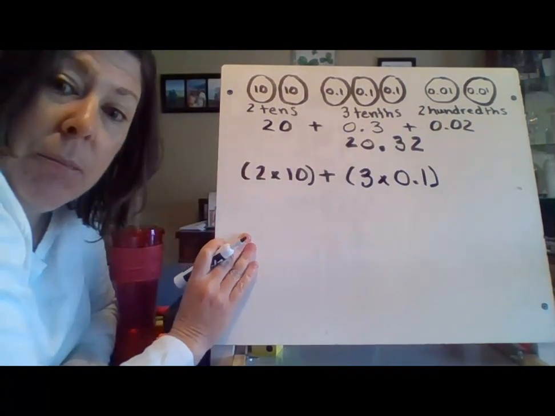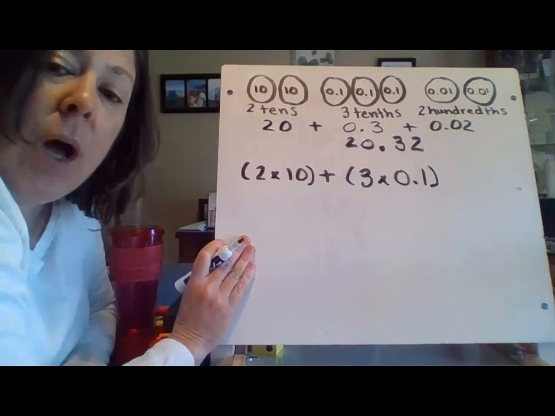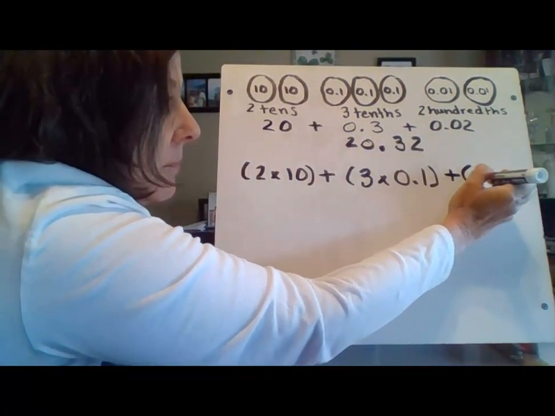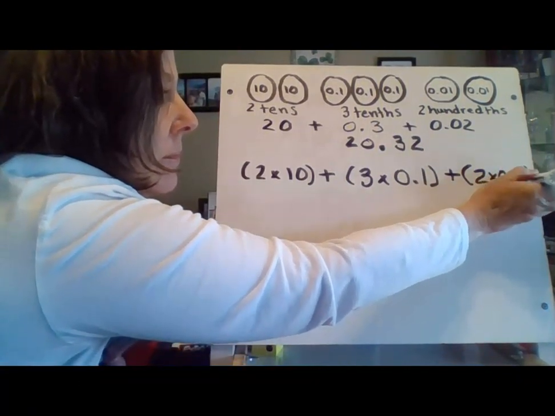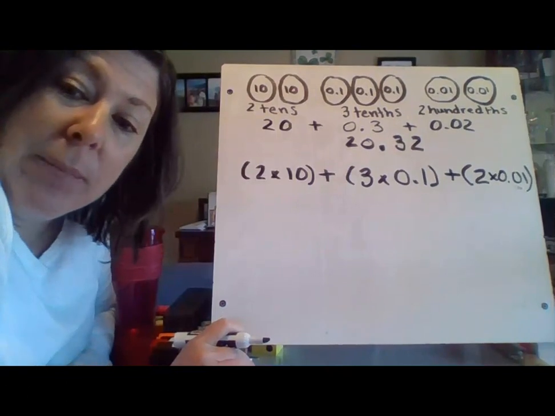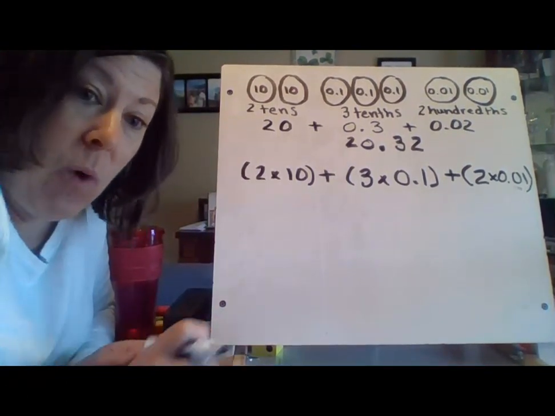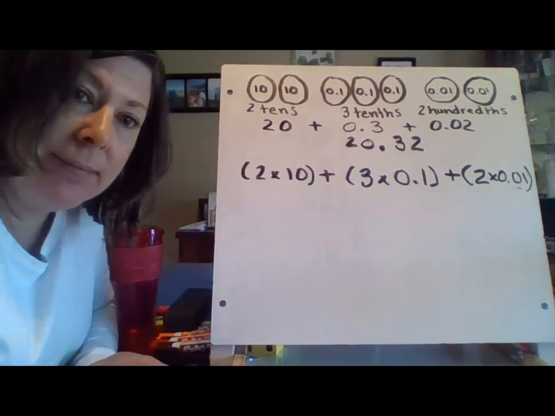So it's 3 times 0.1. And then I have 2 hundredths. So that would be 2 times 0.01.